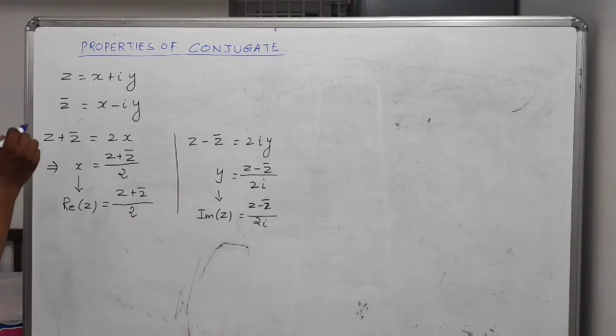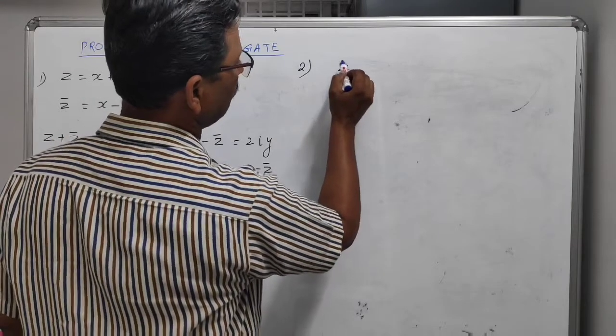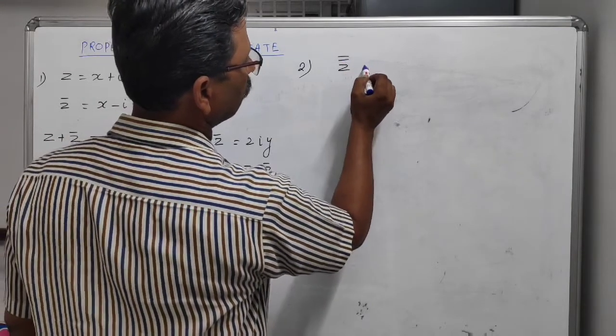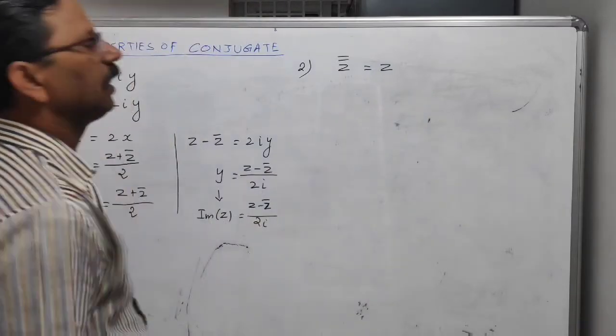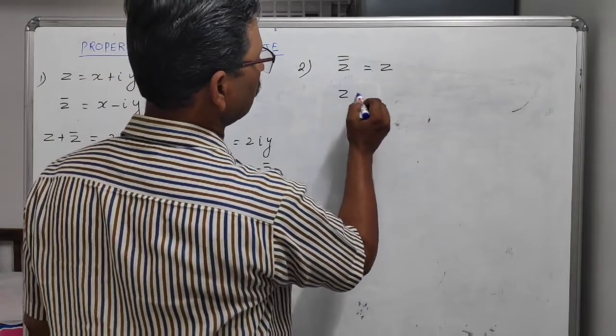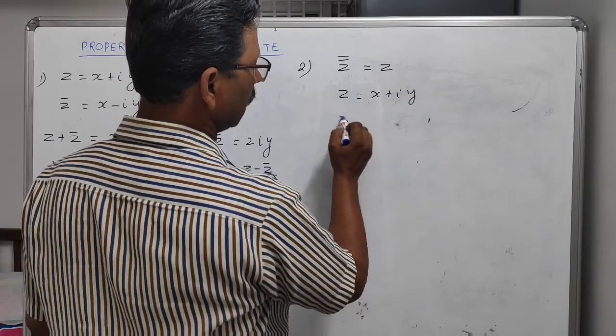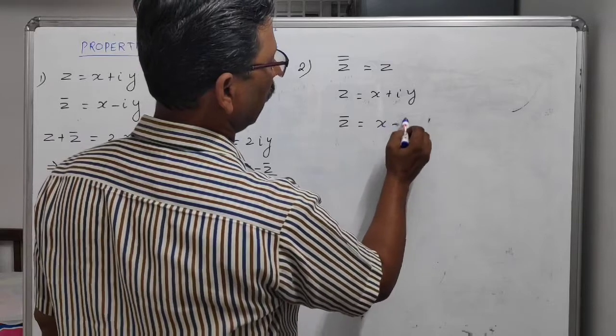Now you can take this as the first property. Now we can go for the second property, that is z double bar is equal to z always. Z double bar is equal to z always, because if you consider z is equal to x plus iy, then z bar is x minus iy.